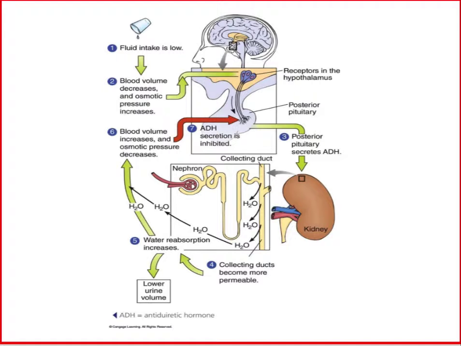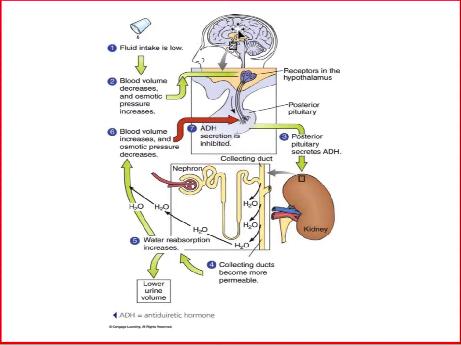So your body is designed to prevent excessive fluid losses because it's not consistent with surviving. And so if your fluid intake is low, so you're dehydrated, your blood volume decreases and the blood osmolarity increases.